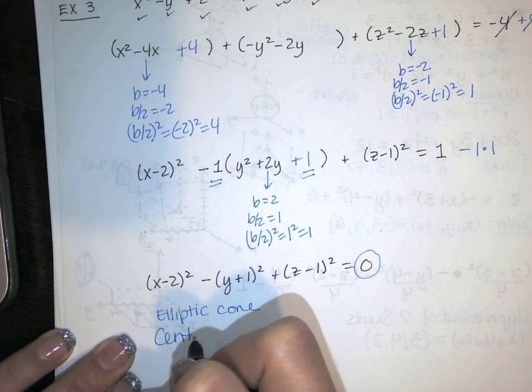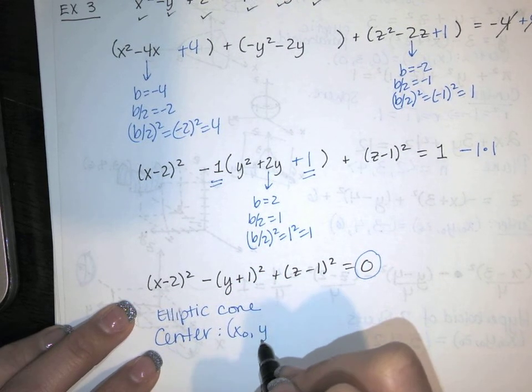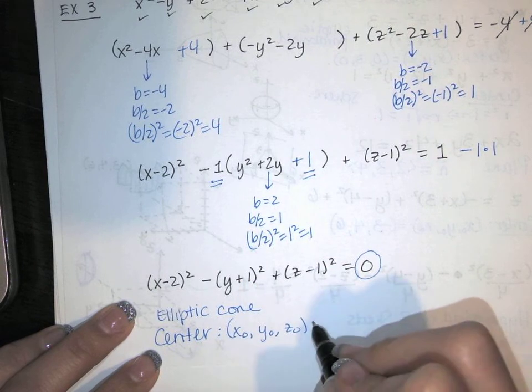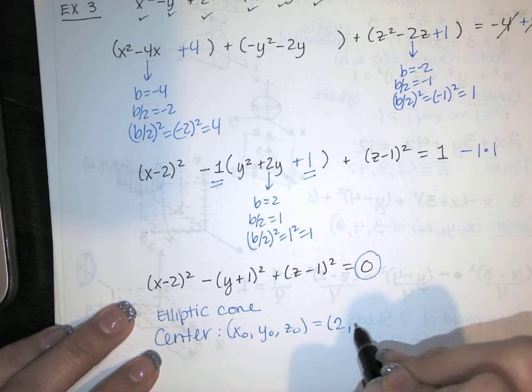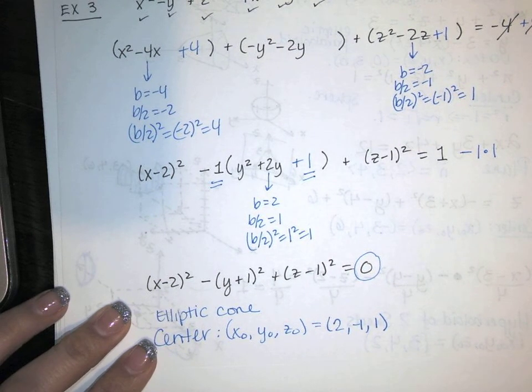Let's identify its center. It's x naught, y naught, z naught. That's 2, negative 1, 1. Remember, take the opposite sign from what you see there. So we'll plot that point.